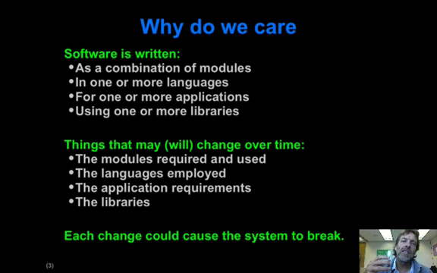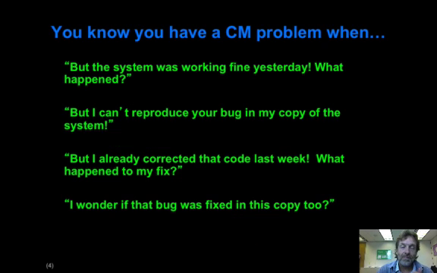And the problem is, as all these various components, the operating systems, the libraries, the languages, etc., are evolving and changing and growing over time, how do you make sure that the thing you're building out of all of them continues to work correctly? That's what configuration management and version control is supposed to solve.